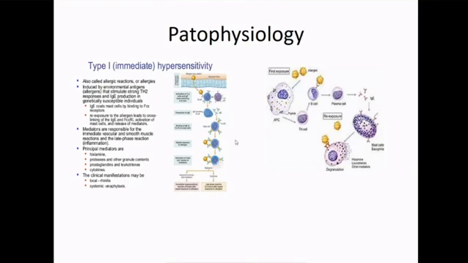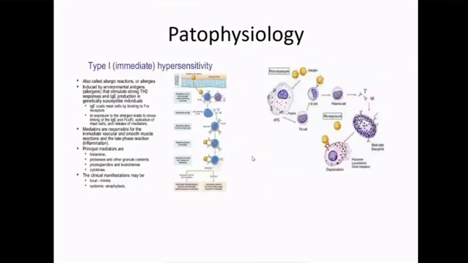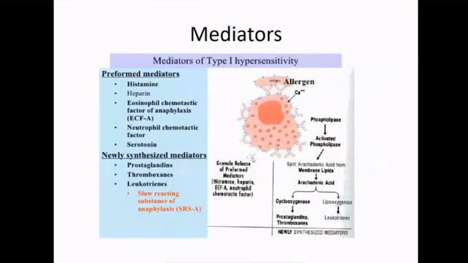Then after the cross-linkage, there will be what we call a release of preformed mediators. I think you all know preformed mediators, which are already there, already packed and formed in the cells, just waiting for the cross-linkage to happen.